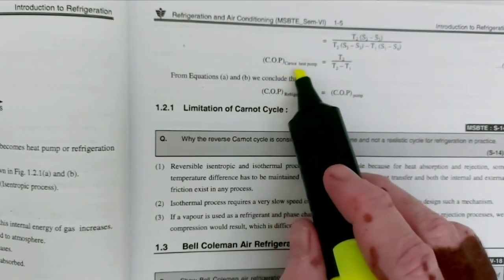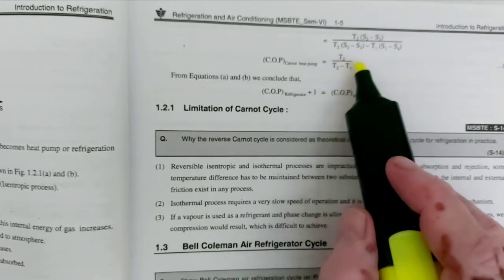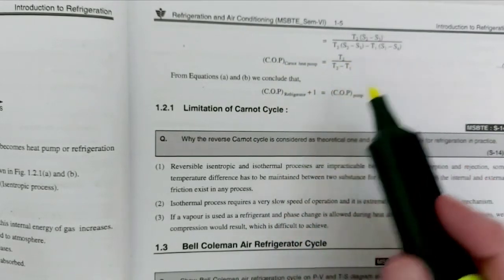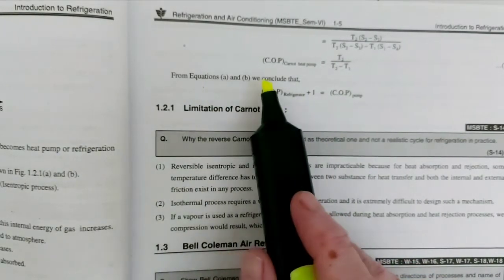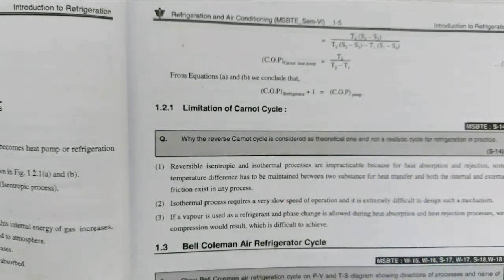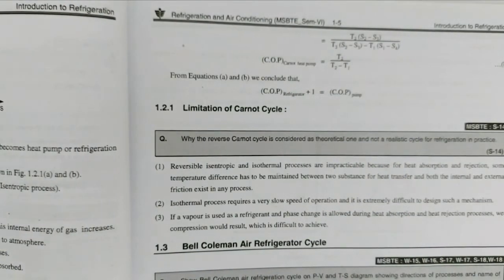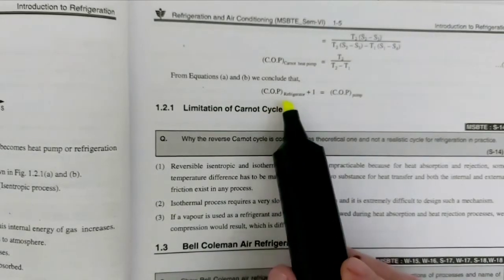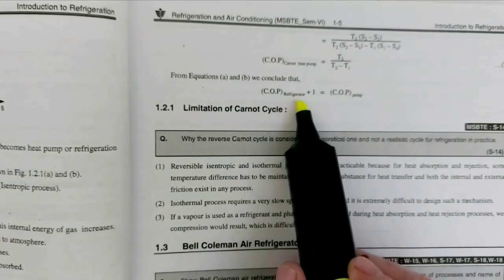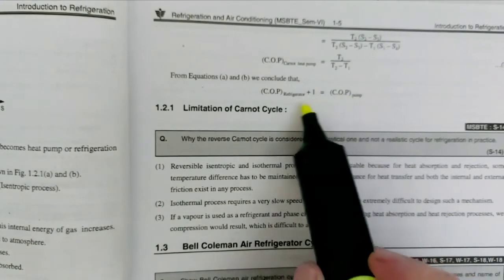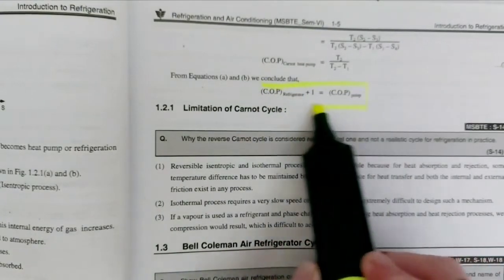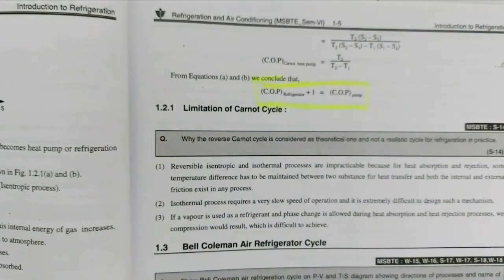So the COP of the Carnot heat pump is T2 upon (T2 minus T1), and this is B. Comparing equations A and B, previously A was T1 upon (T2 minus T1). The COP of the refrigerator plus 1 is equal to the COP of the heat pump. So this is the result.